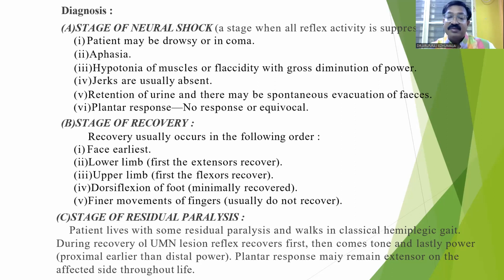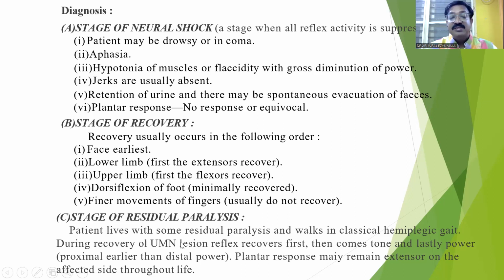In the lower limb, extensors recover first, and in the upper limb, the flexors recover first. Dorsiflexion of the foot recovers minimally. Finer movements are the last to recover, and even with maximum recovery only then will they be able to do them.